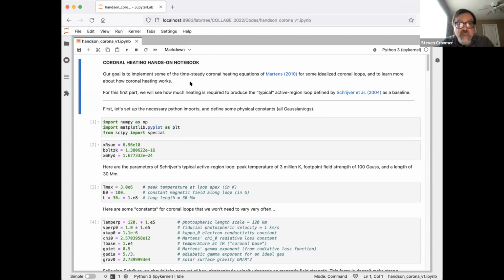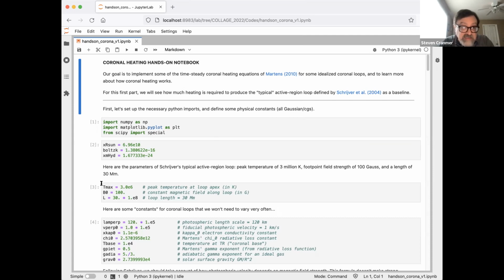But one of the first things I'd like to do is to implement the Martens equations, but do it for a typical active region loop as Carl Schreiber defined in one of his papers. So basically, after we import the packages, including special functions, we need that beta function, and define some constants, which I tend to prefer CGS units.